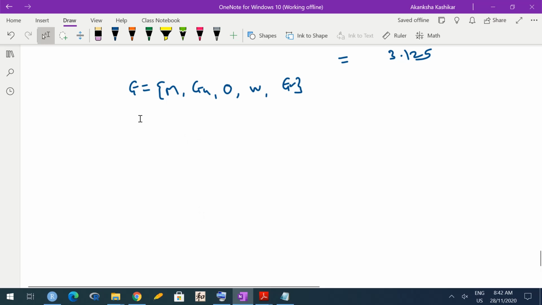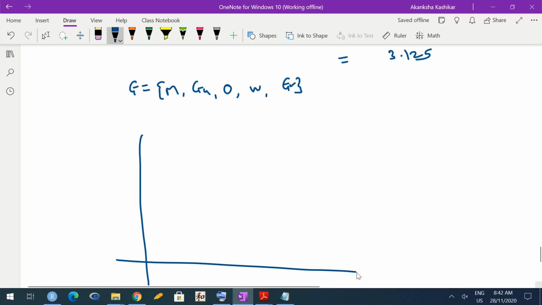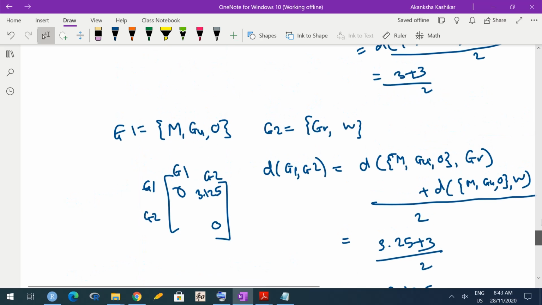So what we have on the x-axis are the fruits, meaning the objects, and on the y-axis we can have either distance or similarity. So here we'll put distance on the y-axis. On the x-axis we should arrange things in such a way that those which join first should be close to each other.